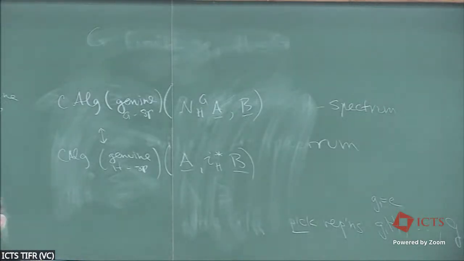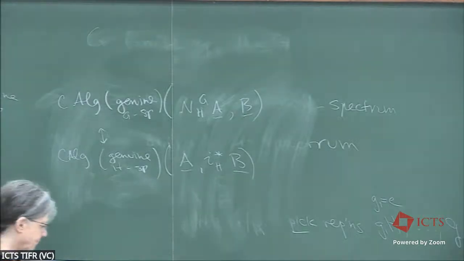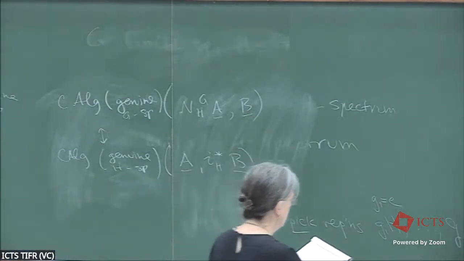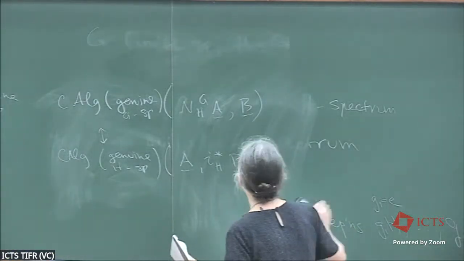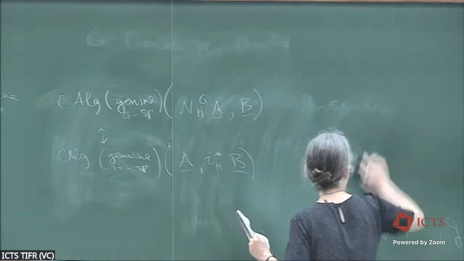If you have a product, it's the adjoint of restriction. It's monoidal. It's a great thing. Okay. That isn't exactly where we left off yesterday, but I wanted to write it.